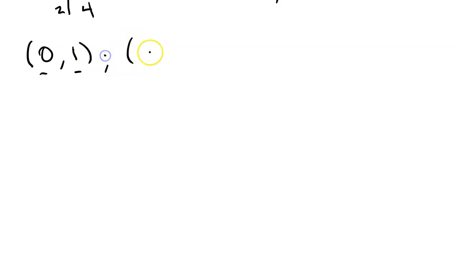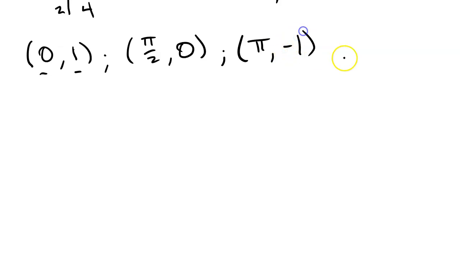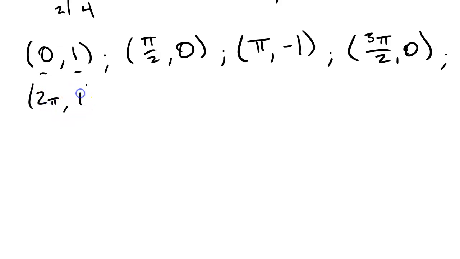So 0, 1; then we have pi over 2, 0; and lastly, we have 2 pi, 1. Okay, so this gives us 5 points that we can plot on our xy plane, and this will be a sketch of cosine.